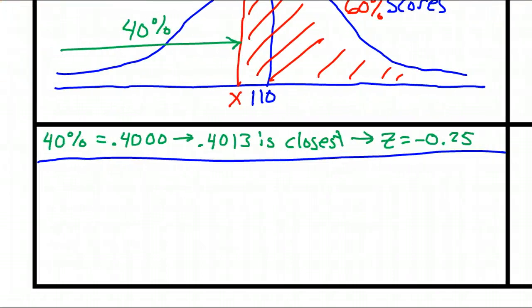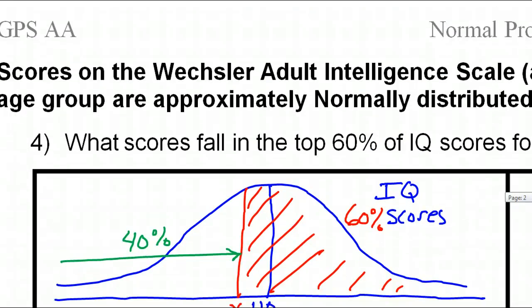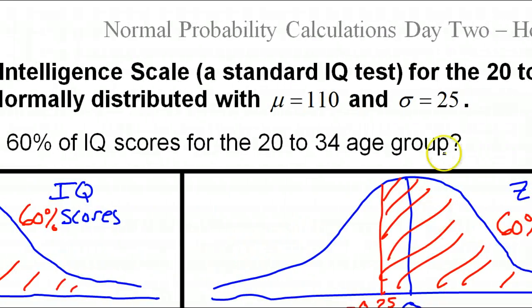Anyway, the calculations. We know that the z-score is equal to the value minus the mean divided by the standard deviation. So put the z-score in. I've got negative 0.25 is equal to the value minus the mean, divided by the standard deviation, which I believe is 25. Should check. Yep, there it is.